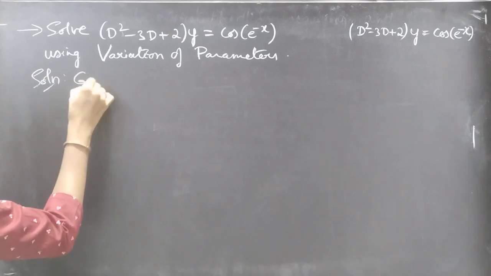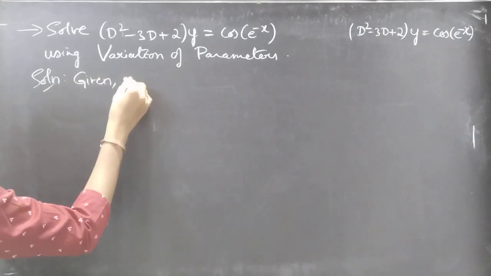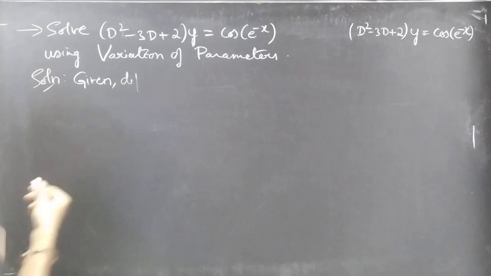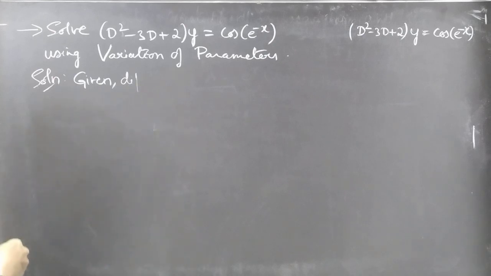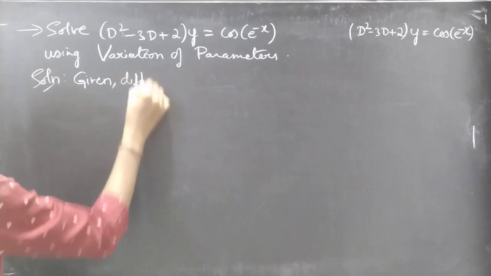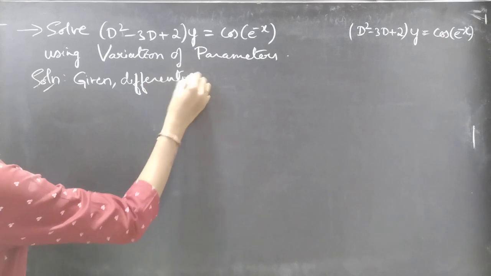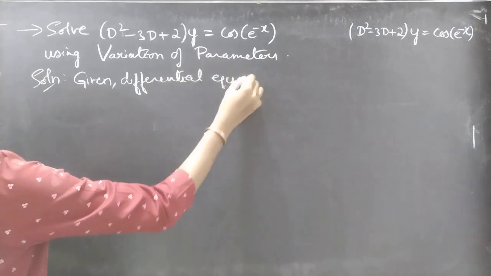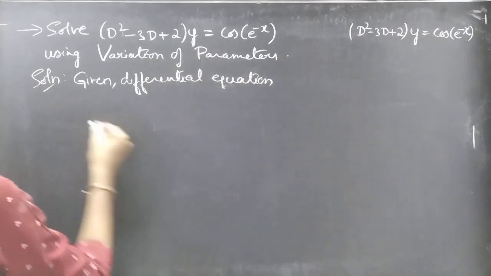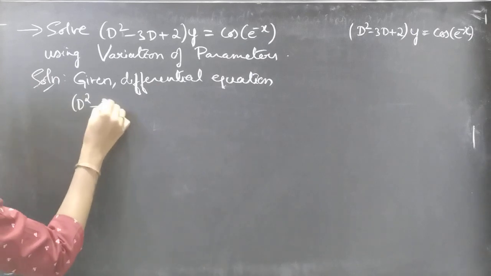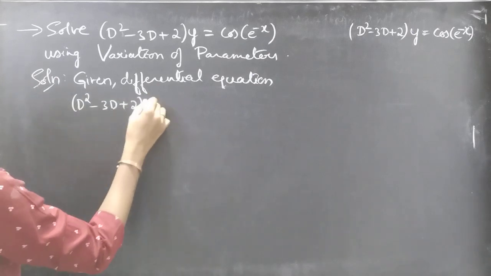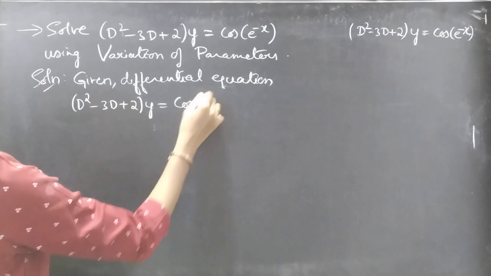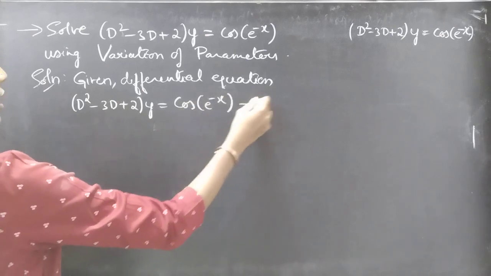Given differential equation, (D² − 3D + 2)y = cos(e^(−x)).